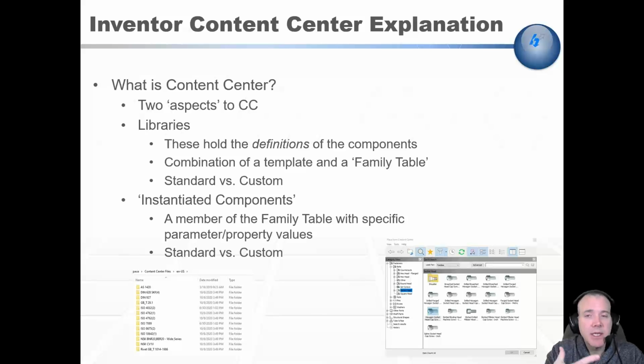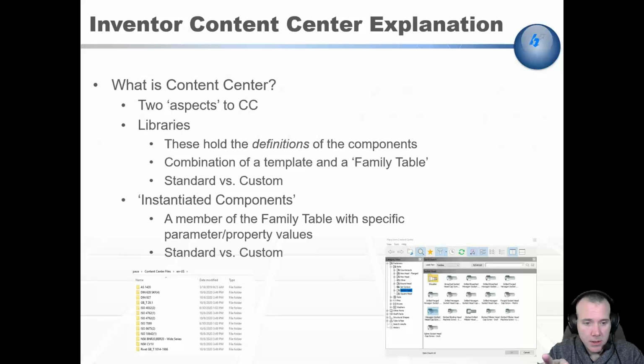These instantiated files are part files that an Inventor assembly might reference. It's essentially just a given row of the table with the assigned parameters. And these components too can be either standard or custom.